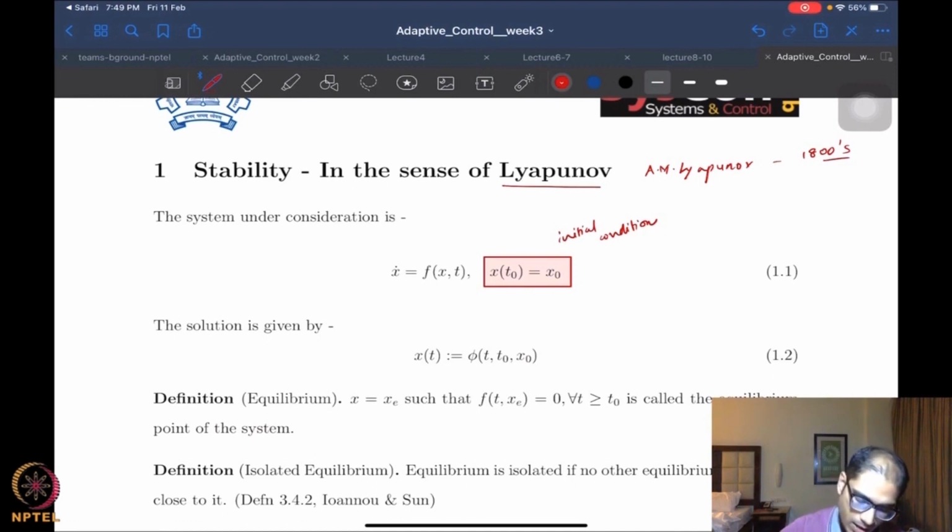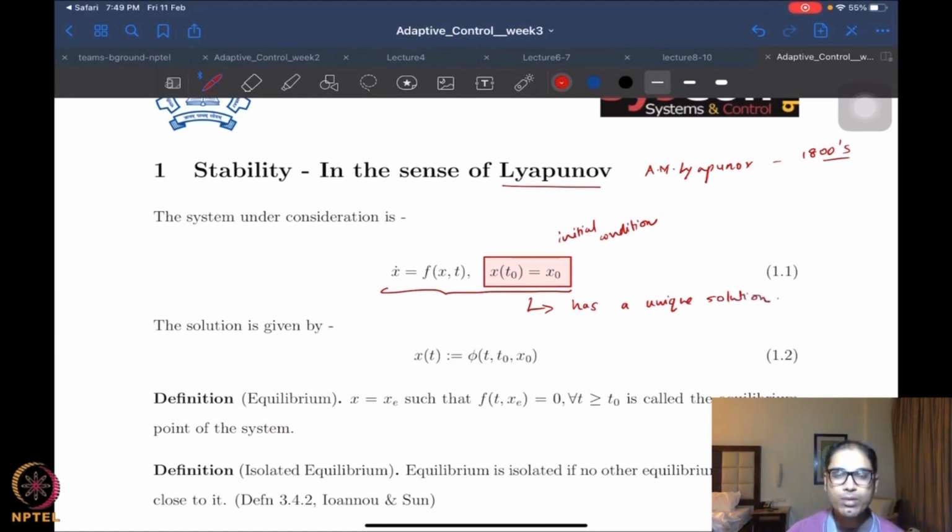The other thing to remember is that we always assume that this system, that is this differential equation with these initial conditions, has a unique solution.